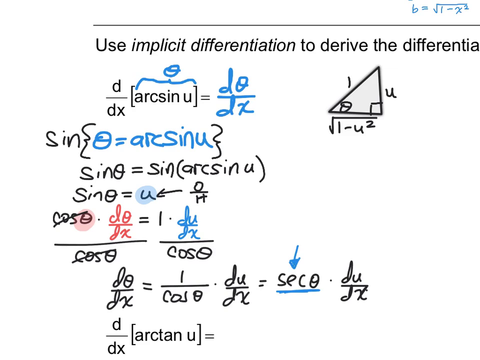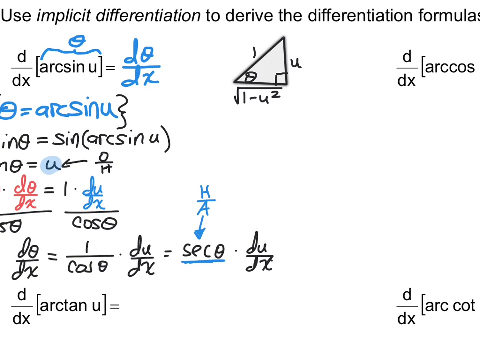Sine is opposite over hypotenuse, so secant is hypotenuse over adjacent. If we make that quick substitution, we have 1 over the square root of 1 minus u squared times du dx.